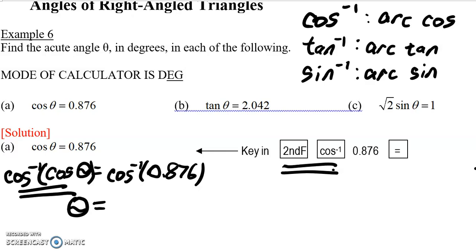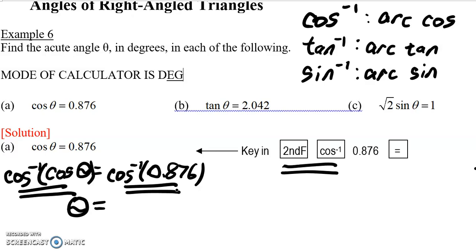So in this case, since you are doing cosine, depending on your calculator, you can press the second F button and press cosine, or if you have other calculators like the Casio one that I'm using now, you press the shift at the top left hand corner, after which you press your cosine. Now in your calculator, it should reflect the arc cosine function. So key this into the calculator.